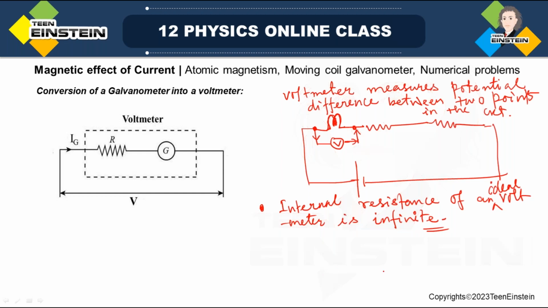But at the same time, the voltage difference is I into R, right? So if R is infinity, even if a very small current is flowing through it, it will give an appreciable or measurable amount of reading. Okay, so this is one thing.